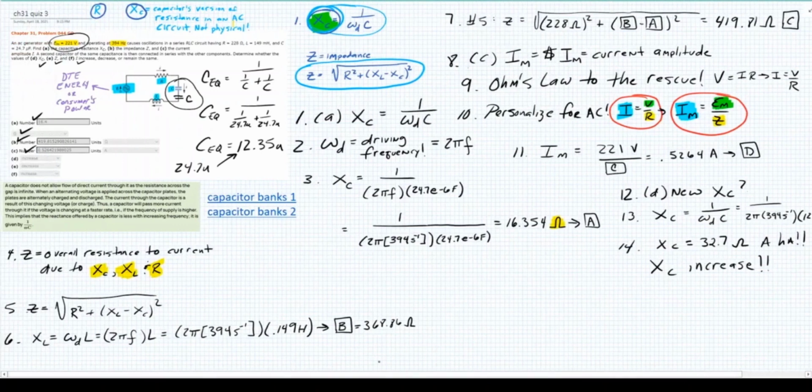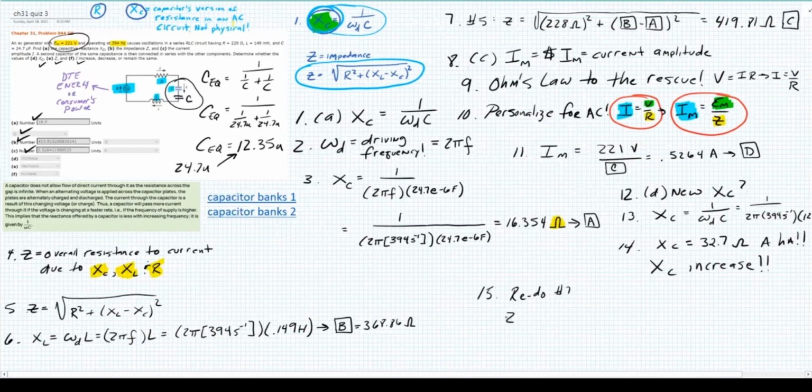Part E says, what happens to Z? So we can kind of motor through this. So just let's redo number 7. Here's number 7 again.